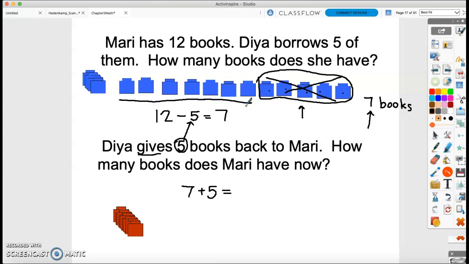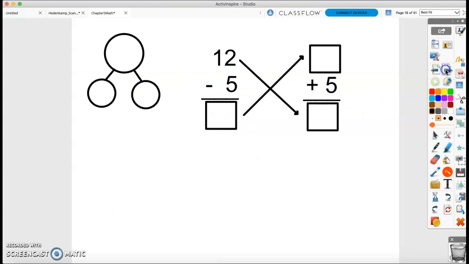So how many did she start with? She started with 12. 7 plus 5 is 12. So we're going to think addition to help us to subtract. So I have 12 minus 5, and we're going to use addition to help us subtract. Sorry, we're not going to think it, we're going to use it.